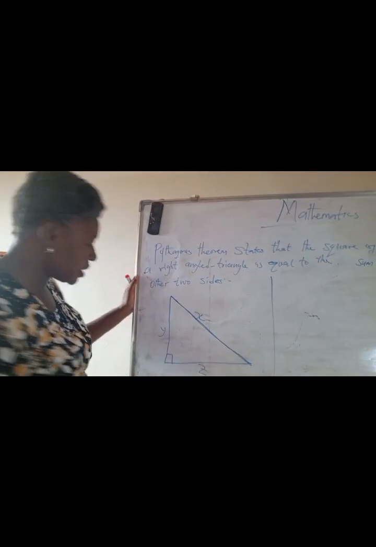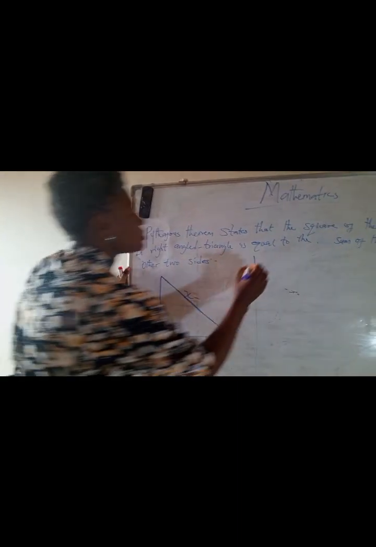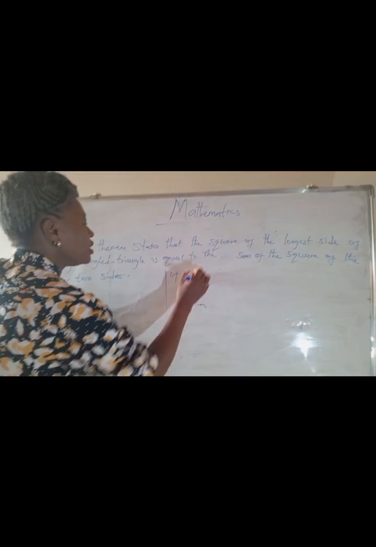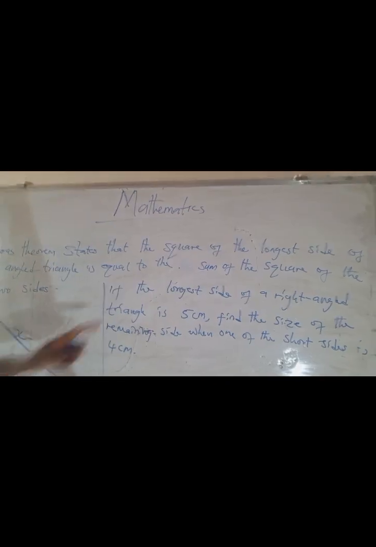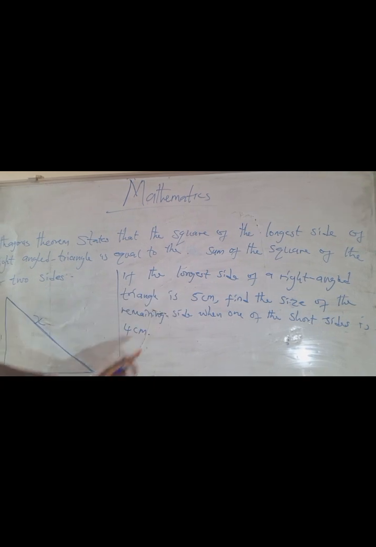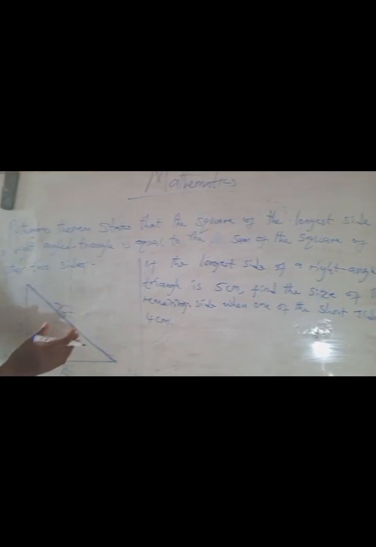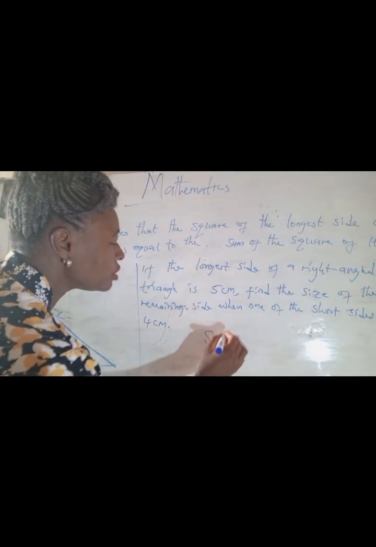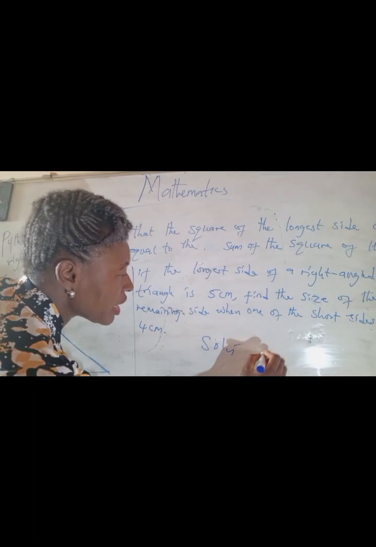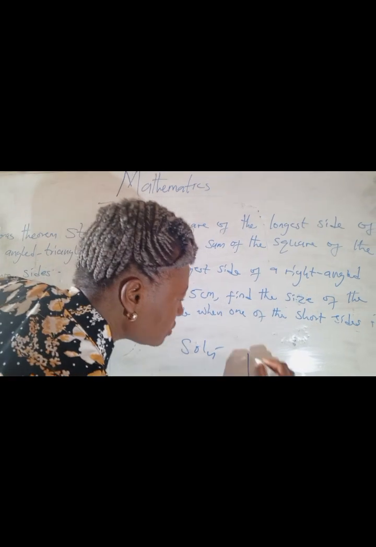Now let's take a question. If the longest side is 5 cm, one of the short sides is 4 cm, so we are asked to find the other side. First of all, you represent it in a right angle triangle.